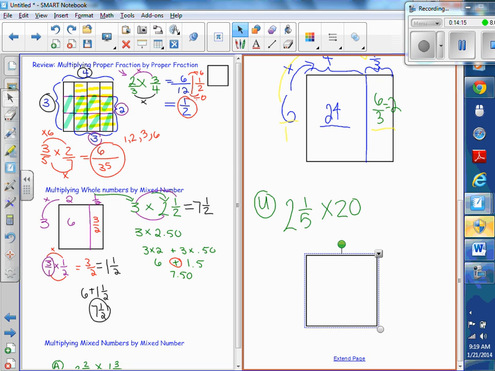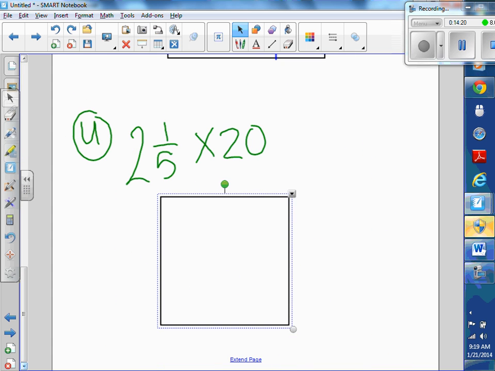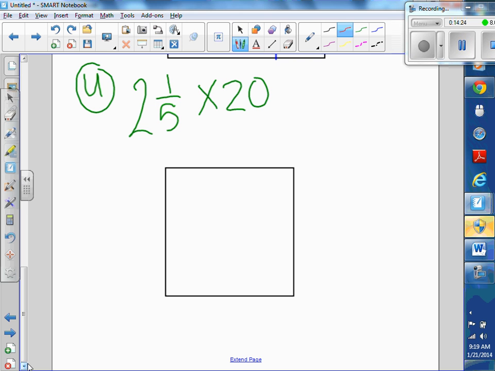So I just keep drawing the picture. I'm hoping that'll help you remember all the parts. So let's put the parts in, Ellie. What would be on right here? That would be 20. And then up the top, that'd be 2 1/5.